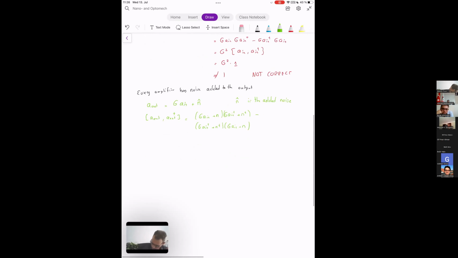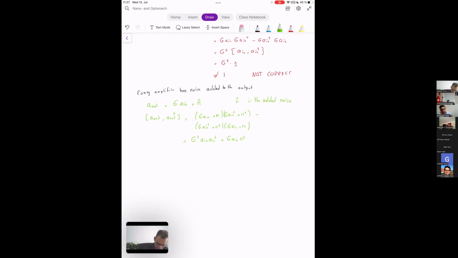Again, we are going to find many different terms. Some of them are things that we already know, some of them are new. But when we work out all the different terms, we get G squared A_in A_in†. We are going to find G A_in with N†.